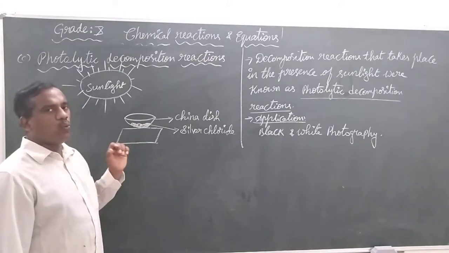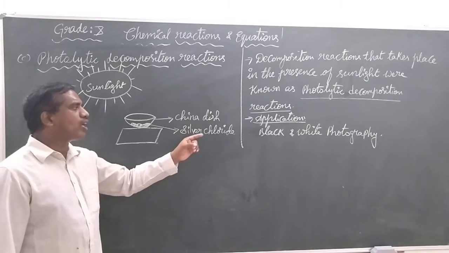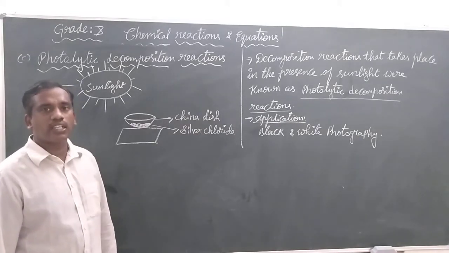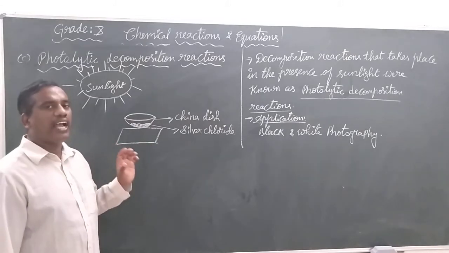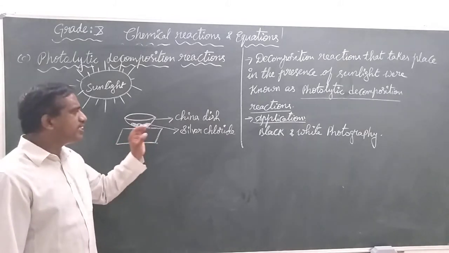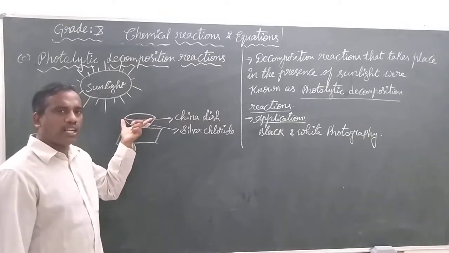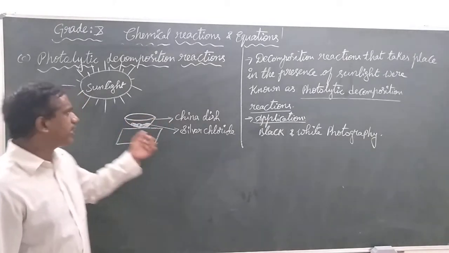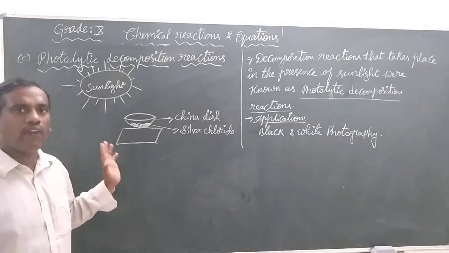In that, we are going to take a compound called silver chloride. And we are going to place this entire china dish containing silver chloride in the presence of sunlight.